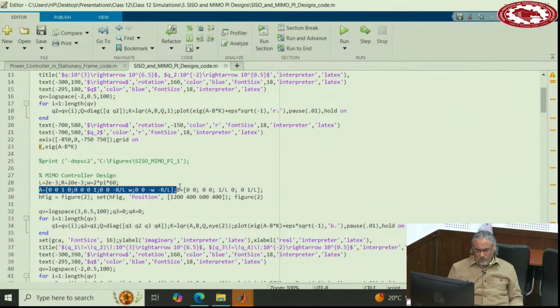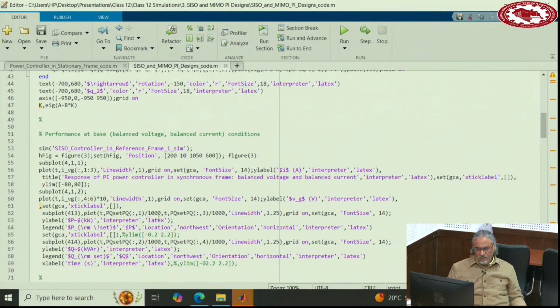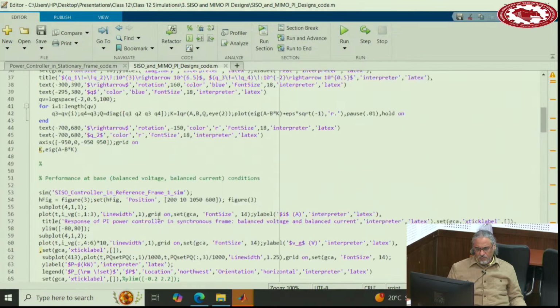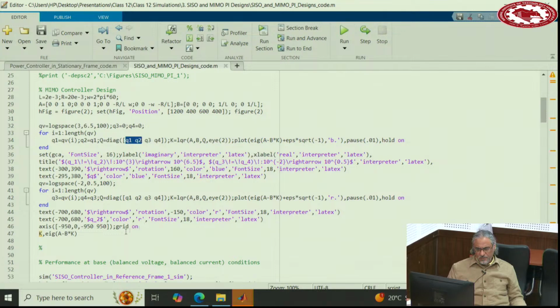Now your matrix B is also a matrix, not a vector. Other than that, the procedure is exactly the same. So you now have 4 Qs, Q1, Q2, Q3, and Q4, and then run LQR, and so on. Well, let me run this part.